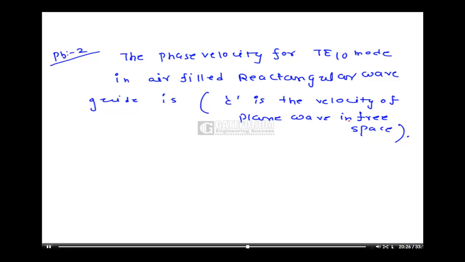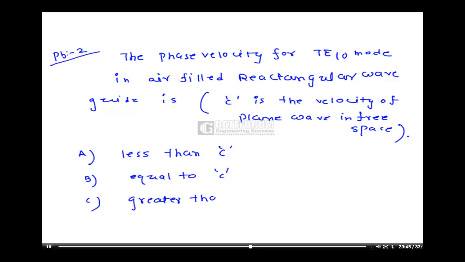This is the question. The options are: option A, less than c; option B, equal to c; option C, greater than c; option D, none of the above.